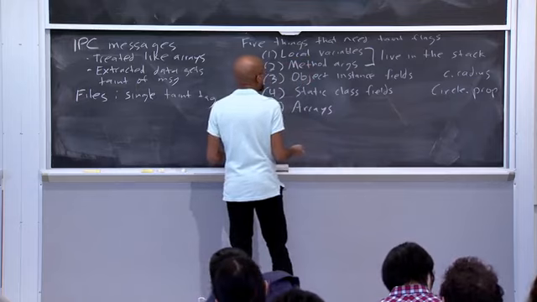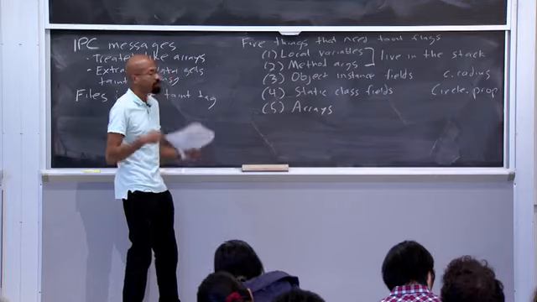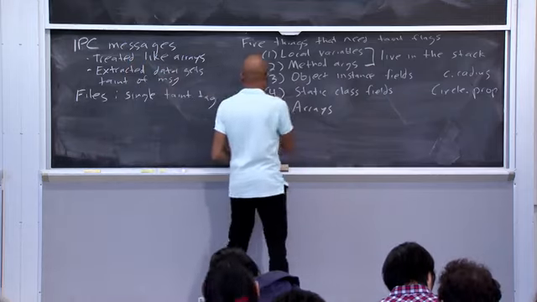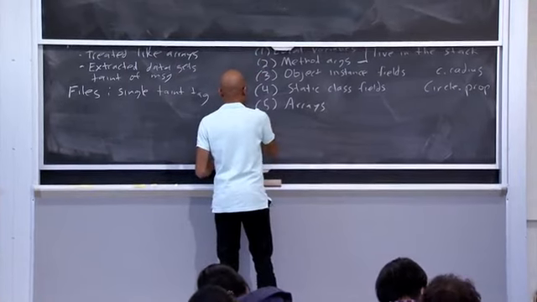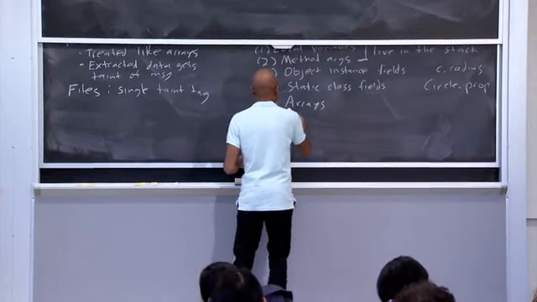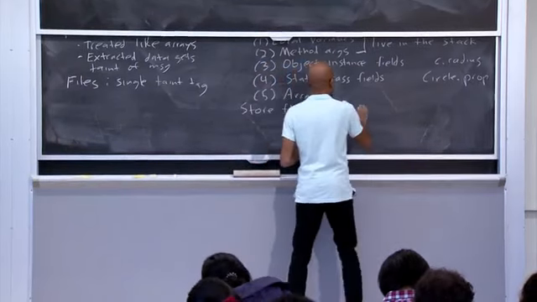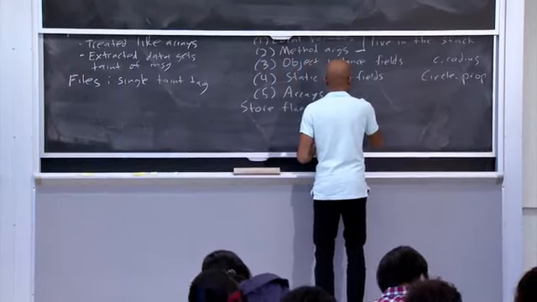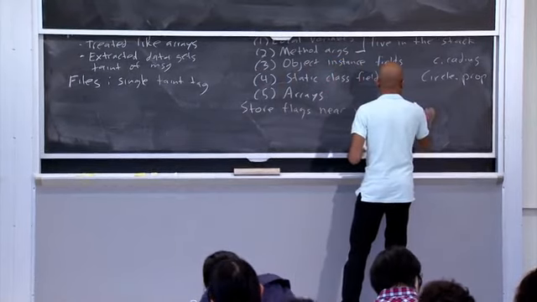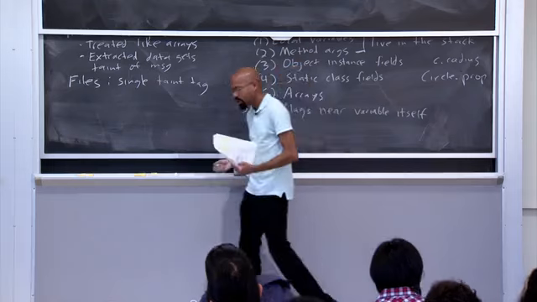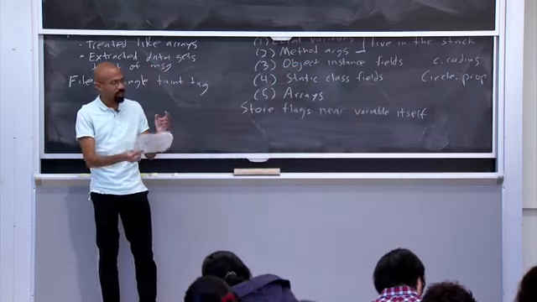The basic idea for how we're going to store these taint flags at the implementation level is that we're going to basically store the taint flags for a variable near the variable itself. Let's say we've got some integer variable.